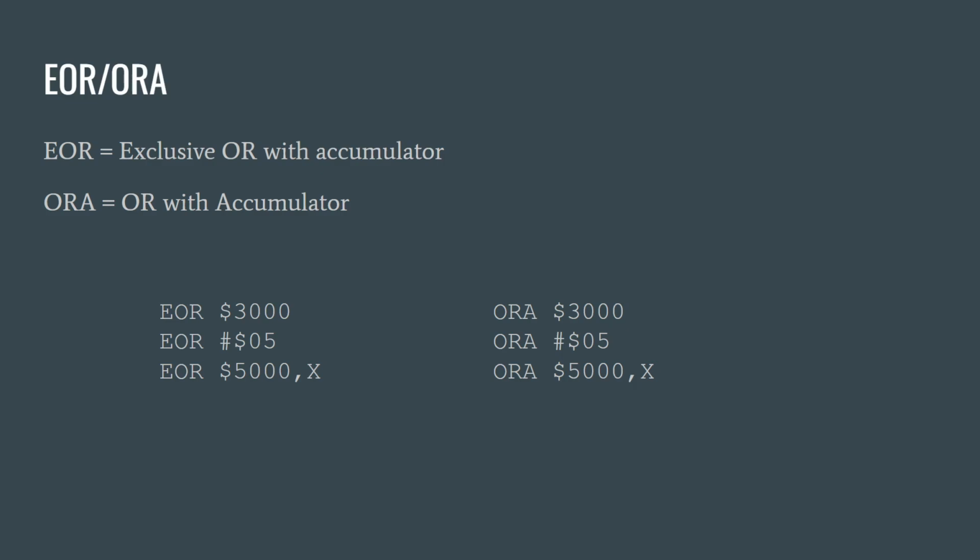Before, in the logical section, we saw inclusive OR and exclusive OR, and we called them OR and XOR. In 6502 assembly, those instructions are called EOR and ORA. So those are going to perform the exclusive OR operation or the inclusive OR operation.